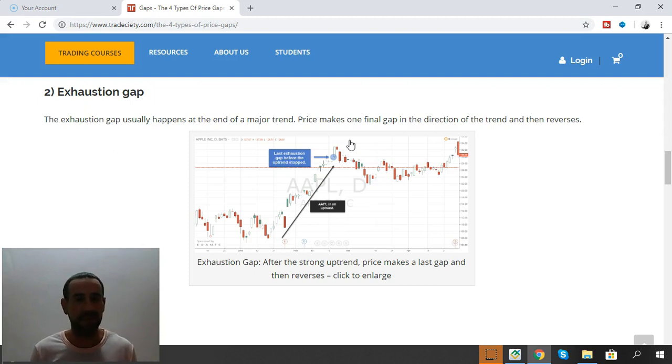What the exhaustion gap does is it enhances your conviction. So you already have a conviction, but when the exhaustion gap appears, it just enhances your conviction, and it also helps you to create a better entry setup, right? This is pretty much a trigger when it happens. Let's take it to the charts.